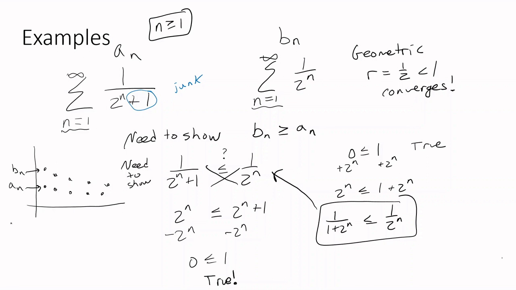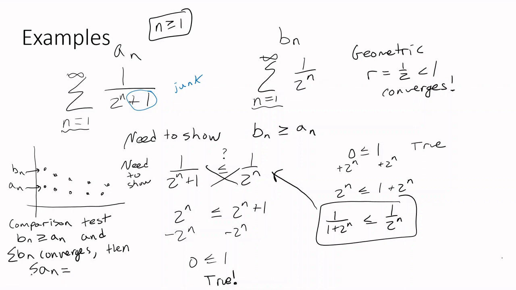So the comparison test tells us that since B sub n is bigger than A sub n and B sub n converges, then A sub n converges. Or, sorry, if the series B sub n converges, then the series sum 1 over 2 to the n plus 1 converges.